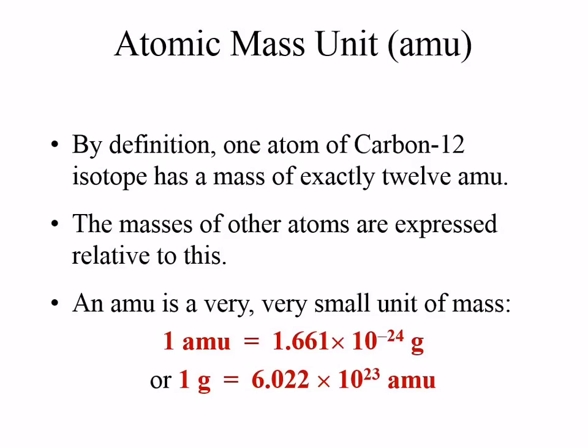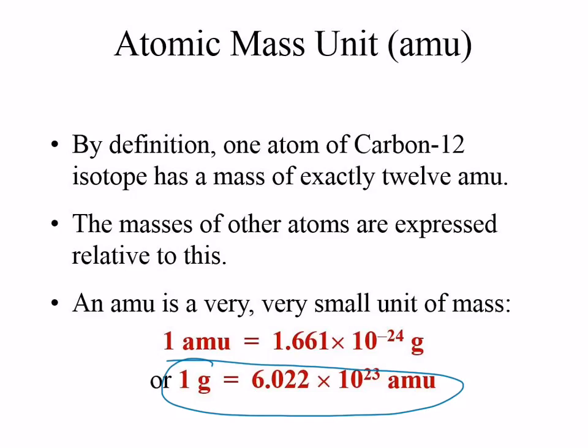Some of you who've dabbled in chemistry are familiar with Avogadro's number. The next one I probably could come up with as being memorized. If we take the inverse of 1.661 times 10 to the minus 24th, you'll get 6.022 times 10 to the 23rd.